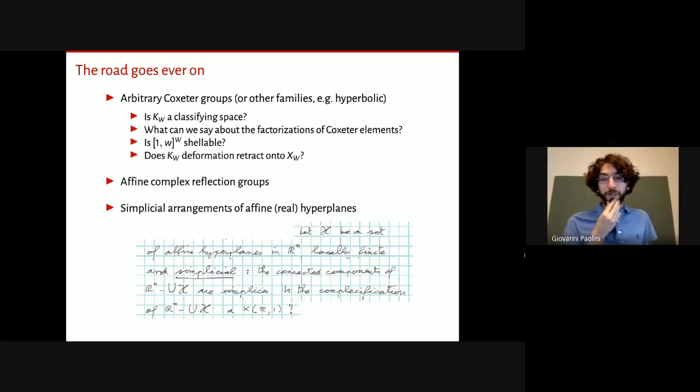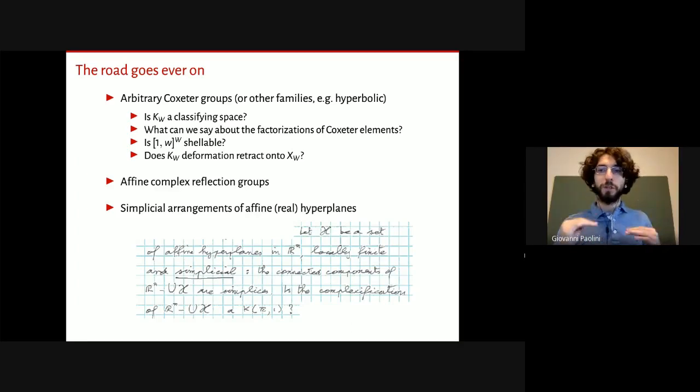There are other interesting directions. For example, looking at complex reflection groups. This is a parallel story that I didn't talk about. A bit more than 10 years ago, Bessis proved the K-pi1 property for finite complex reflection groups.